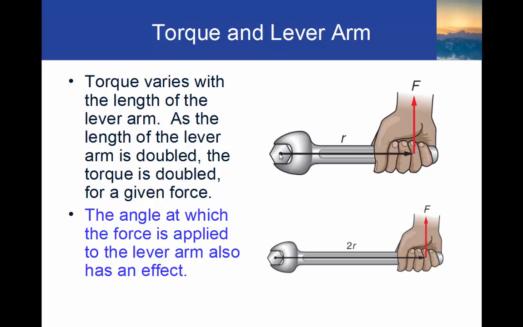That's why, for example, it's easier to use a wrench to loosen or tighten a fairly tight bolt than it is to do by hand. It's because the wrench provides you with a very long lever arm. If you had a small wrench, for example, you could go take a metal pipe and stick it over the end of the wrench, and that lengthens the arm quite a bit, and then you can get more torque for the same amount of force.